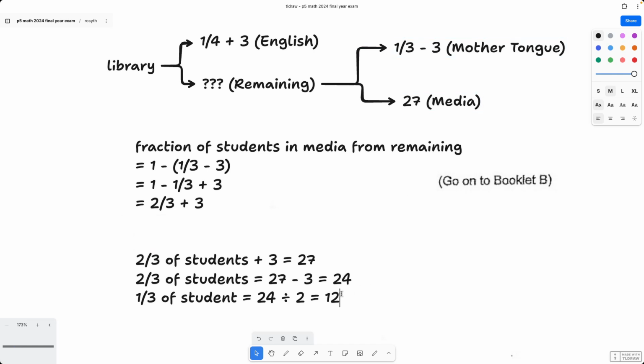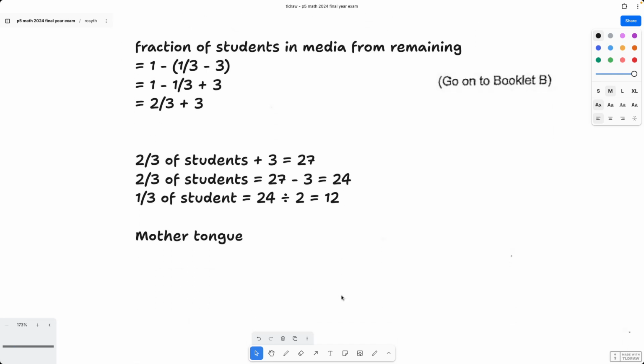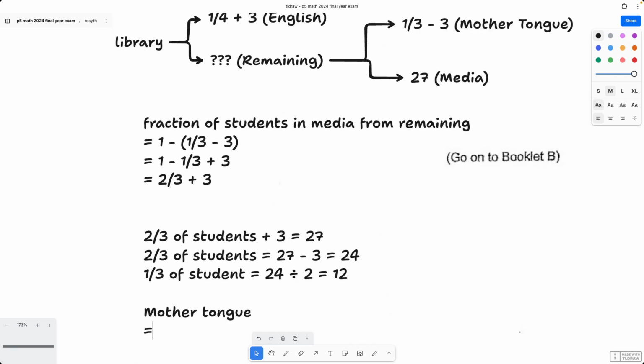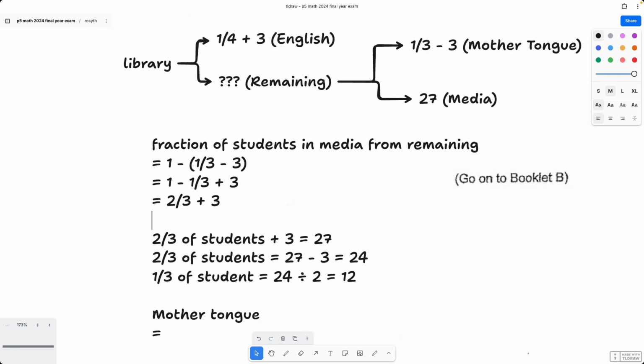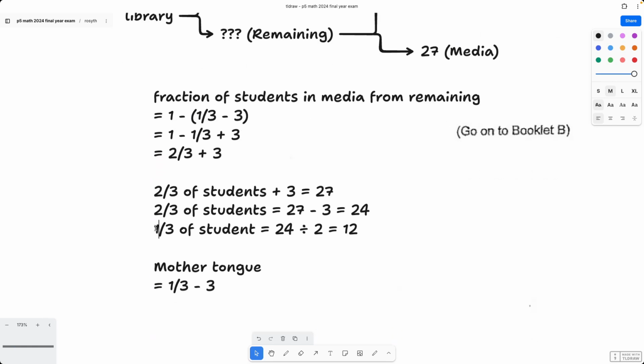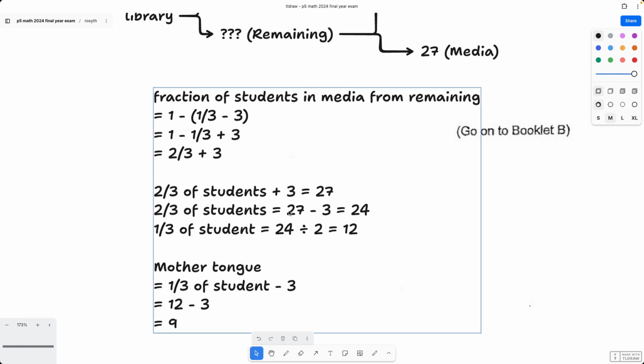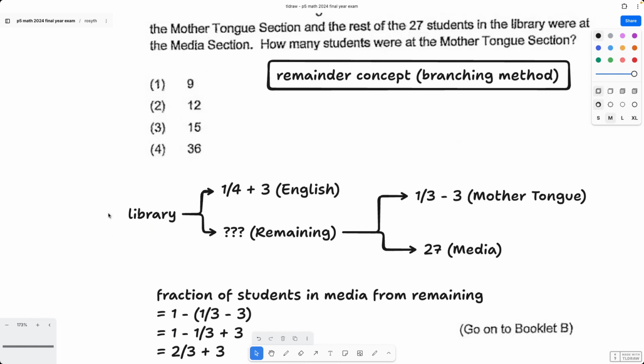So mother tongue is equal to 1/3 of students minus 3. This will then become 12 minus 3, and this will become 9. That's it. So the answer to this question is option number 1.